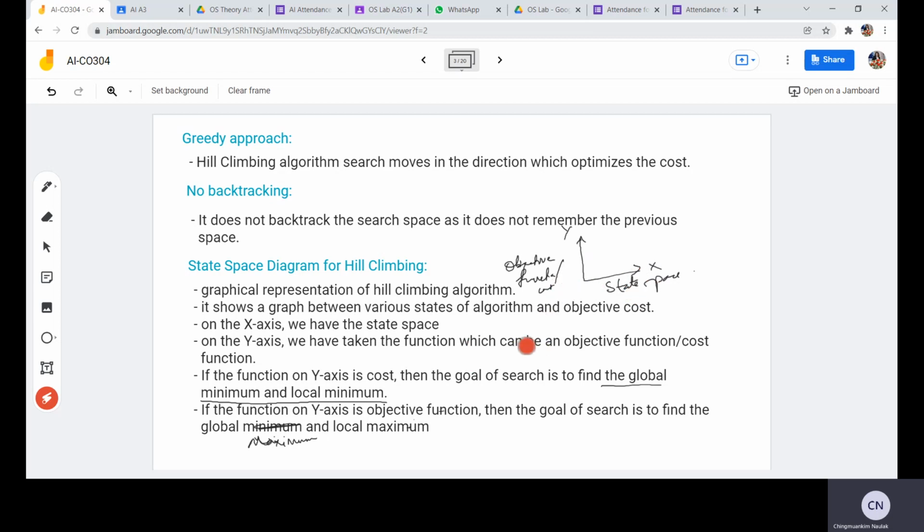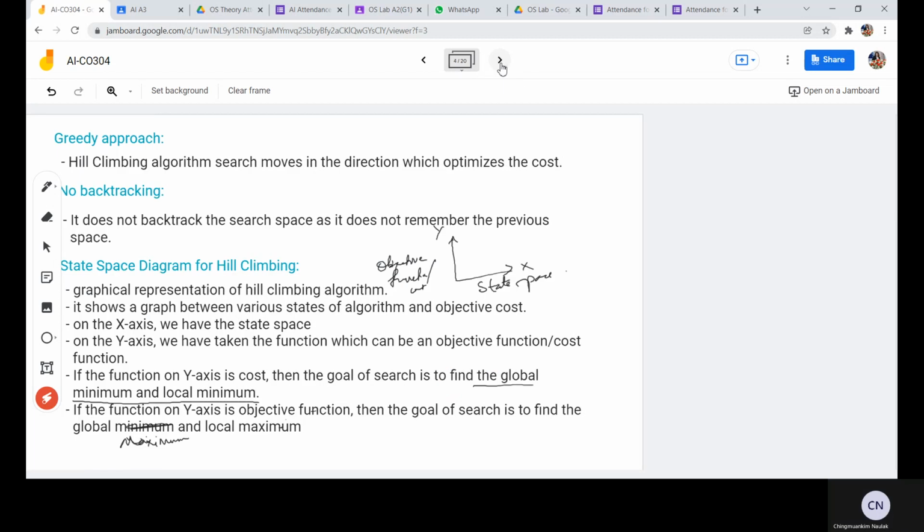If the function on the y-axis is a cost function, then the goal of the search is to find the global minimum and the local minimum. Else, if you are taking the objective function on the y-axis, then the goal of the search is to find the global maximum and the local maximum.